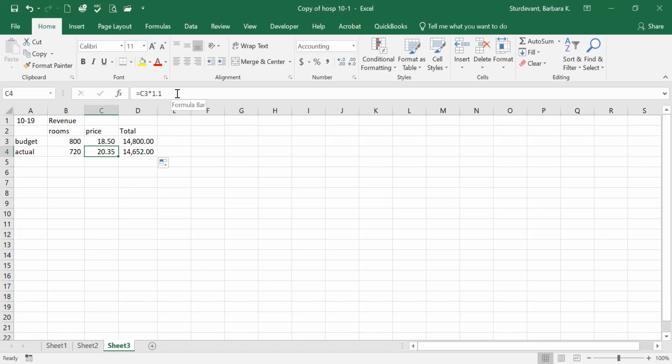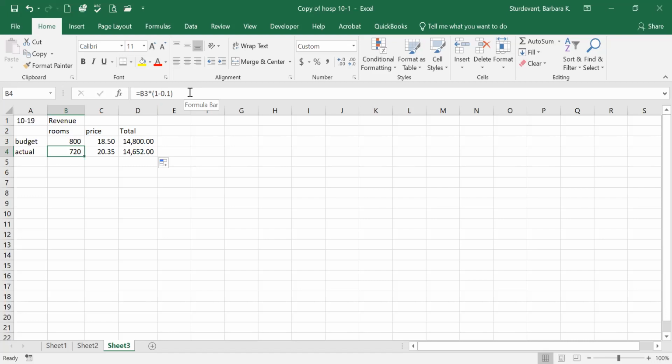You bump up the 18.50 by multiplying by 1.1, which bumps it up by 10%. And then with the rooms, it's 10% less, so I multiplied by 1 minus the 10%. So it's basically 90% of what it was supposed to be.